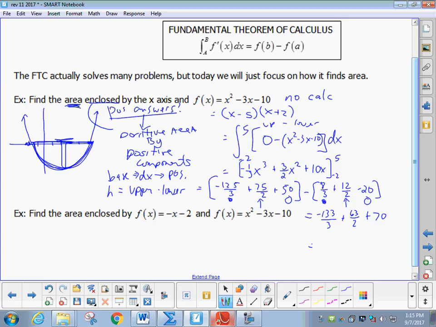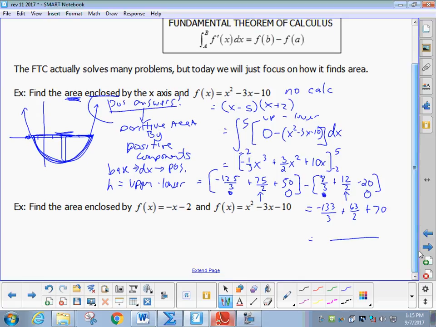Now I'm ready to get a common denominator, but I only have to do it once instead of twice. So the common denominator is 6. The first term you'd have to multiply by 2, and it becomes -266. The next one you'd have to multiply by 3, and it becomes 189. And 70 times 6 is 420.